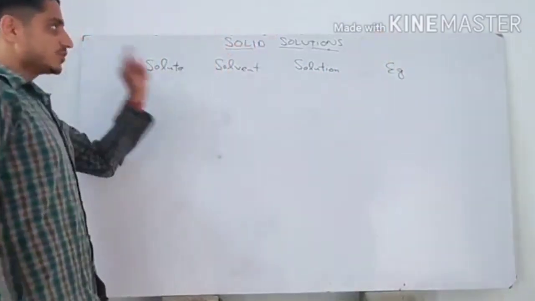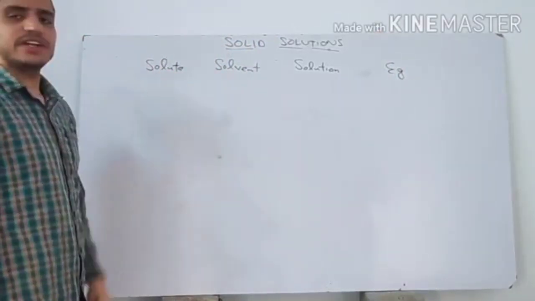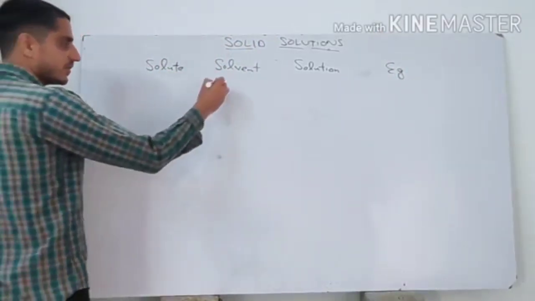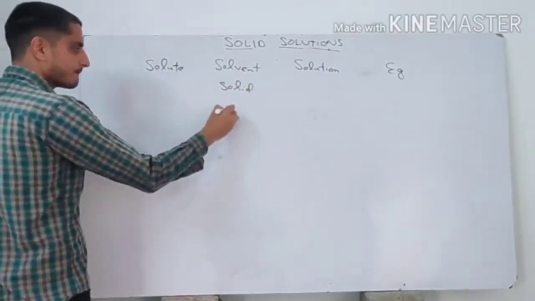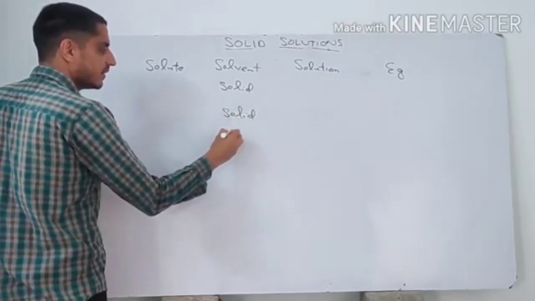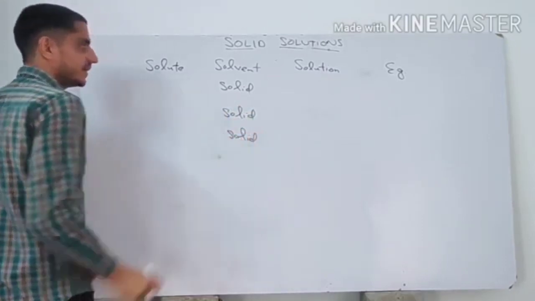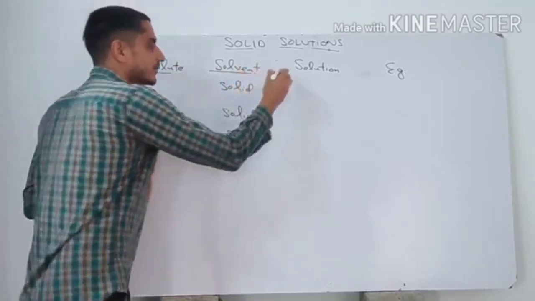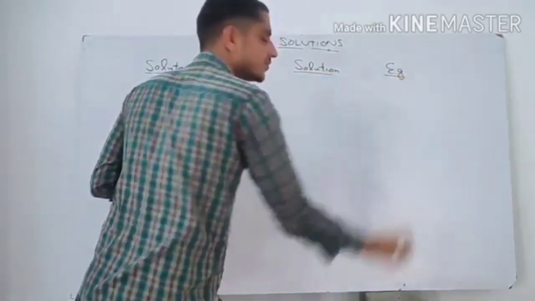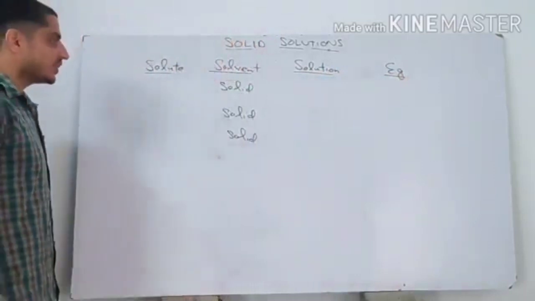Clear? So in solid solutions, solvent is always a solid. In the solid solution, solvent will always be a solid.